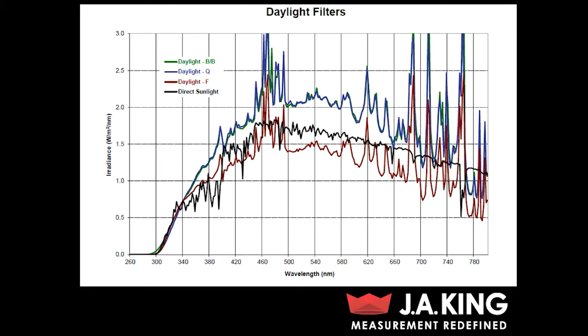Oftentimes that will require a specific type of filter or what region of the spectrum is of most interest to you. So for instance, if you look at the lower end of the spectrum between about 300 and 400 nanometers, you can see that red light, which is a daylight F filter, most closely approximates true daylight. So if that's the part of the spectrum that you're interested in most, that might be the filter that you choose.